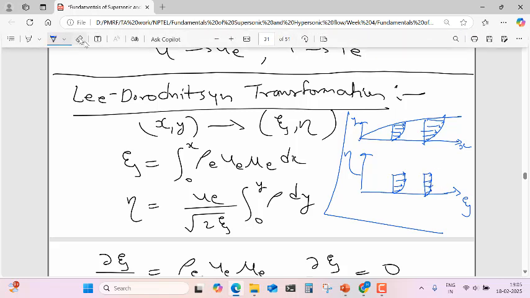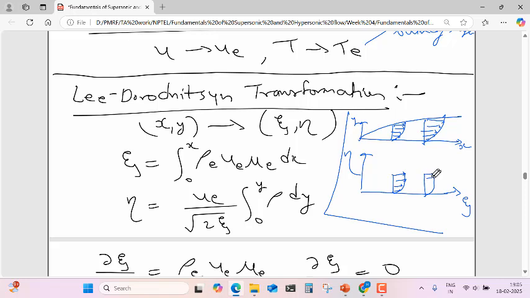This figure is not good, but the profile is the same at each location, so it does not change with xi. Velocity will change only with eta, but for different xi it will remain the same.